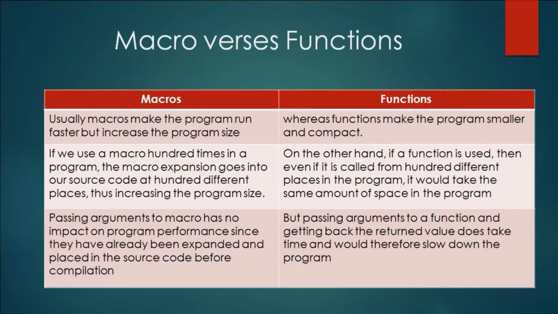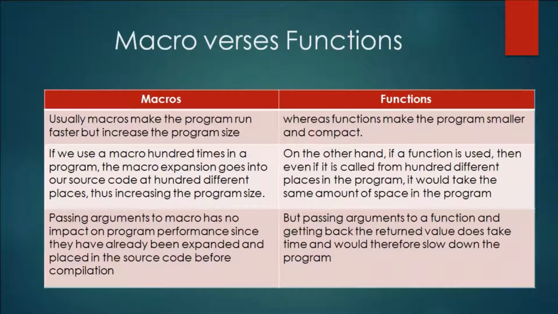Now if we check the difference between macro and function, usually macros make the program run faster but increase program size, whereas functions make the program small and compact. If we use a macro 100 times in a program, then the macro expansion goes into our source code at 100 different places.